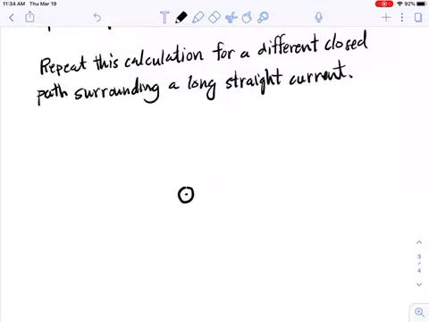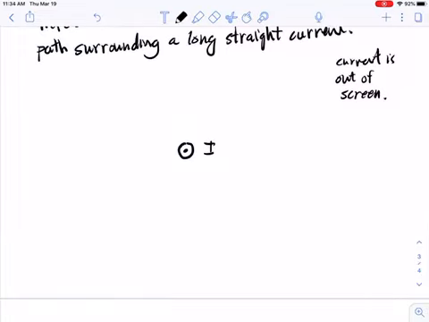So let's imagine we have a current due to a wire that's coming straight out of the screen towards us. So the current is out of the screen. Okay, so what kind of path are we going to choose? I'm going to try to draw two circular paths. So I want a circle that is centered on this current.